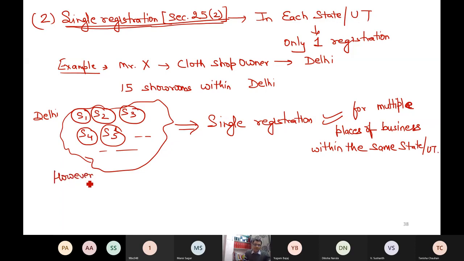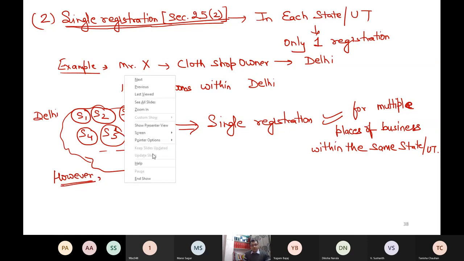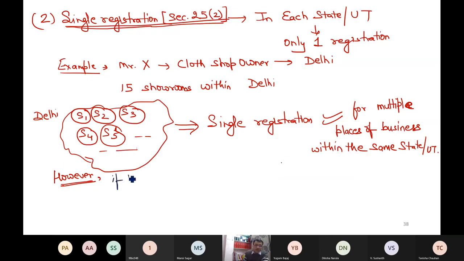However, so this is the change. If Mr. X wants to have separate registration, now mandatorily it is not required. Legally it is not required.